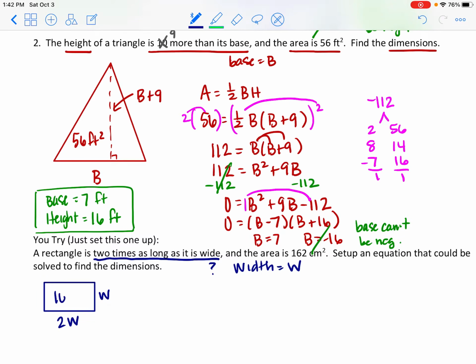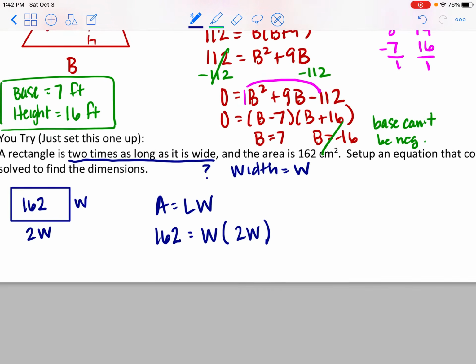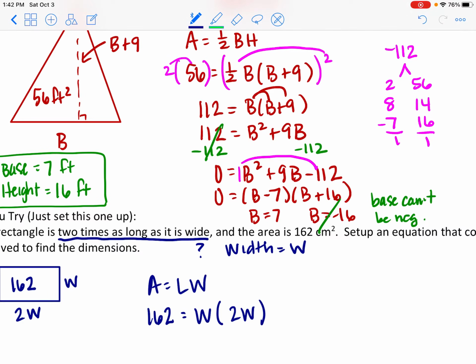And our area is 162. So area for a rectangle is length times width. In this case, 162 equals w times 2w. And really, that would be enough. I mean, that's technically an equation, but just so we can set this up, 162 would equal, if we distributed here, 2w squared.